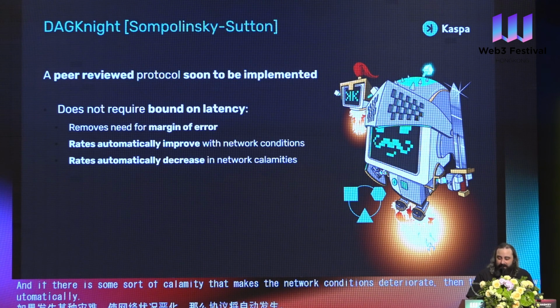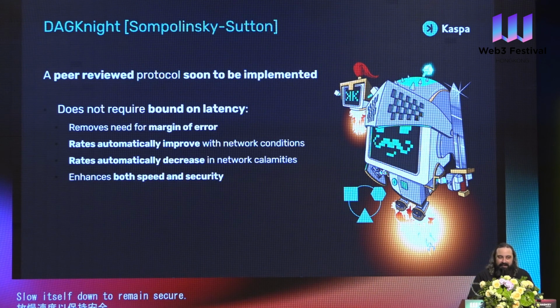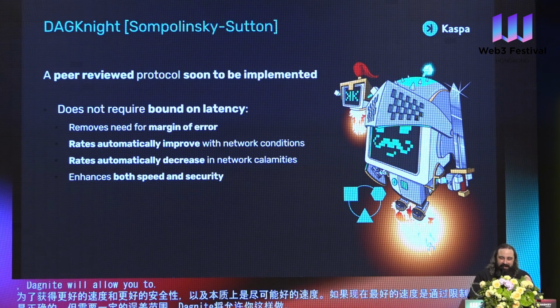And this will allow us to get better speed and better security, and essentially the best speed possible. If right now the best speed possible is by taking a bound on the network latency, which is almost always true but needs a margin of error, DAGNITE will allow you to remove this bound completely and be as fast as the network actually is, not as the best bound you can feel comfortable with.